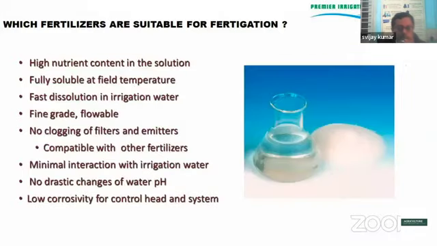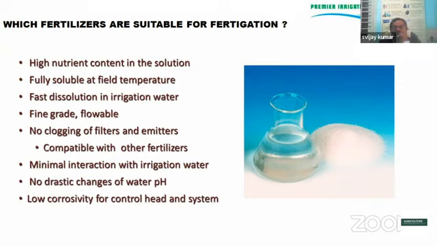So what are the fertilizers which are really suitable for fertigation? They should have a very high nutrient content in the solution. When I mix it, almost 100% of the salt should dissolve at field temperature, it should dissolve fast in the irrigation water, and it should be of a fine grade so that there is no clogging of emitters. It should also be compatible.